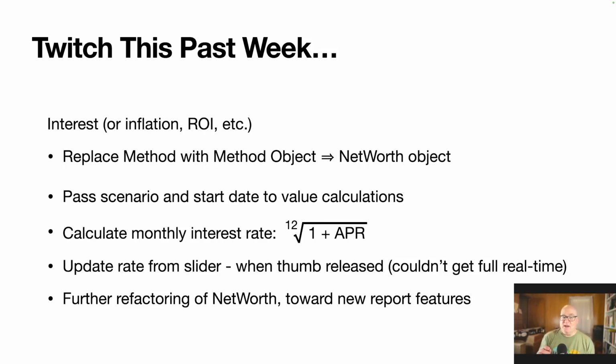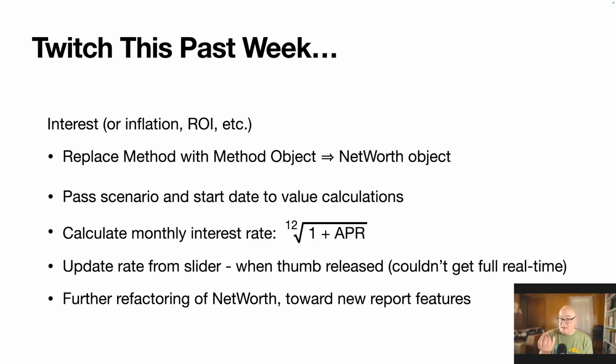Okay, and so we have to calculate the monthly interest rate, which is not impossible, but it's annoying. You take the annual percentage rate, add 1 to represent 100%, that's the principal plus the growth, basically, and take the 12th root, because you're trying to convert it to the monthly amount.